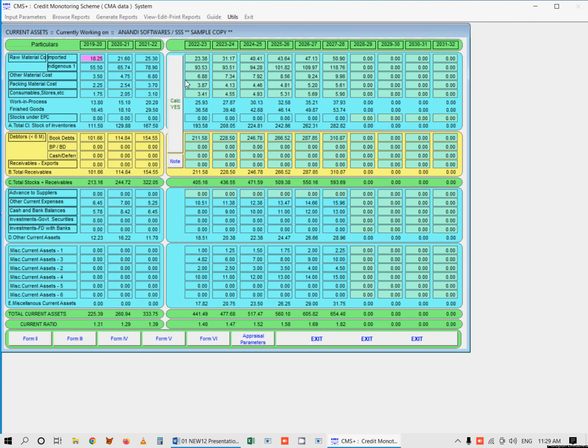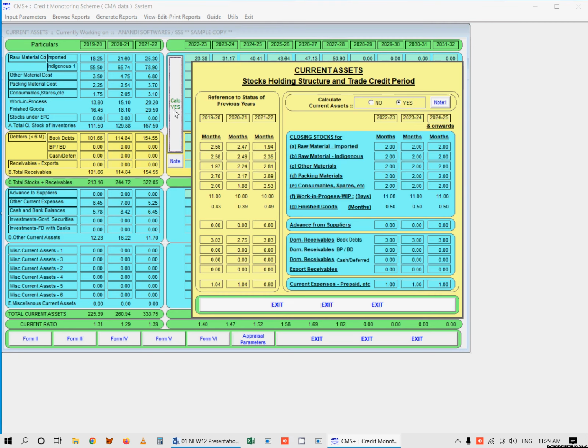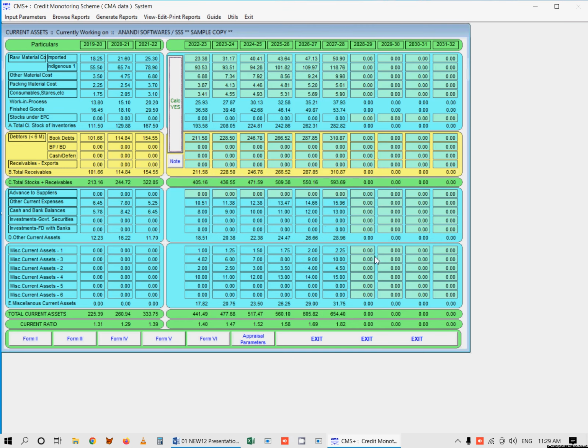You need not generate reports, and while remaining in the screen itself for input, A. You are getting all current assets worked out and displayed.